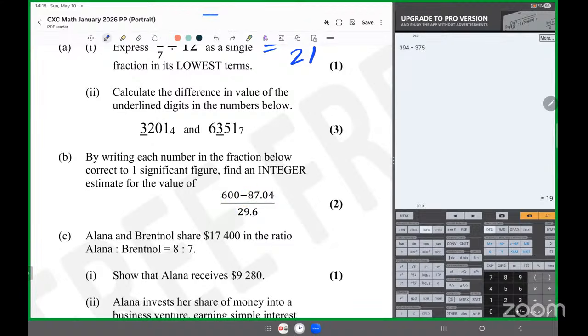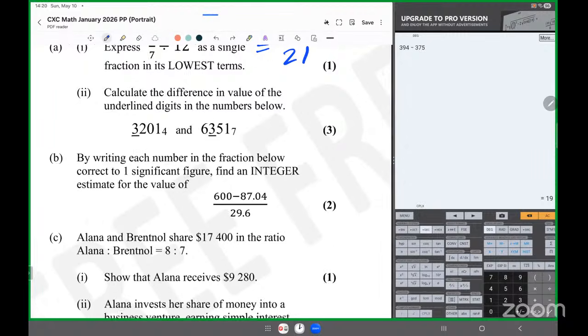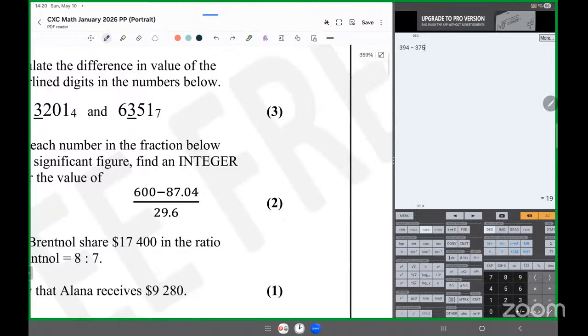So the one significant figure is going to be the first non-zero value from left to right. So this stays 600, because the first significant figure is 6. Minus, the first significant figure is this 8, and the 8 is going to be increased by 1 because of that 7. The size of the number cannot reduce.